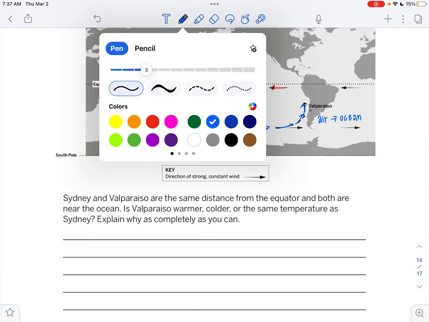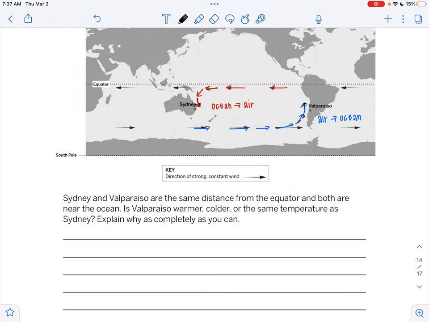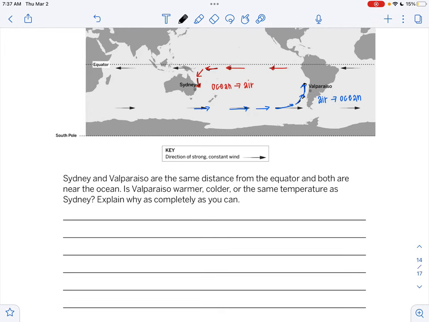In class, I asked for at least 3 full sentences to explain this phenomenon. It should have included information about the ocean currents, the energy transfer, and the location of both cities. Let's write an exemplar response.